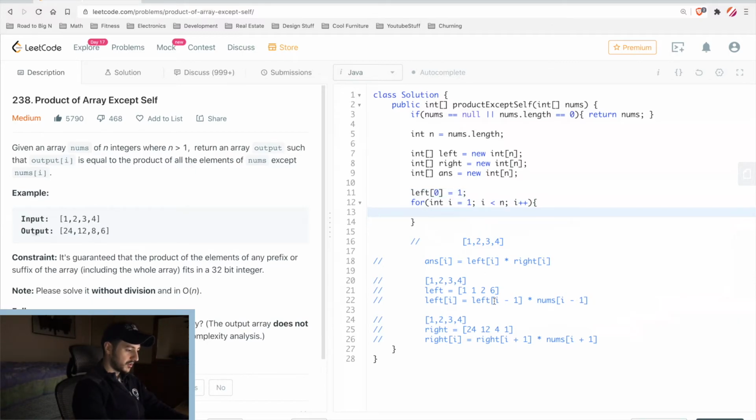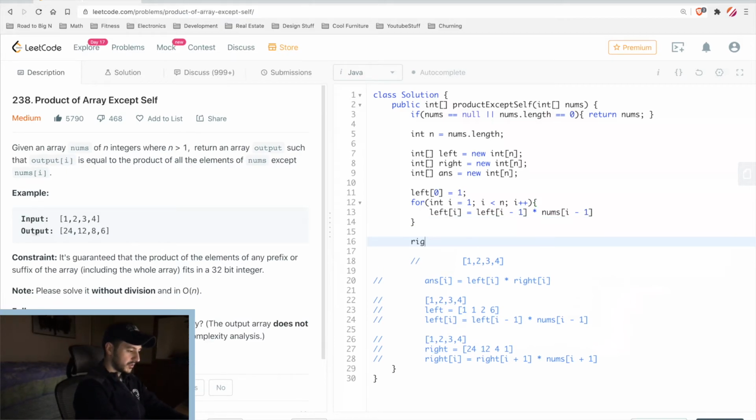And just like how we did here, we're taking left at i is left at i minus 1 times the nums at i minus 1. And we're safeguarding here against out of bounds errors by just starting ahead a little bit and setting the left at 0 equal to 1.